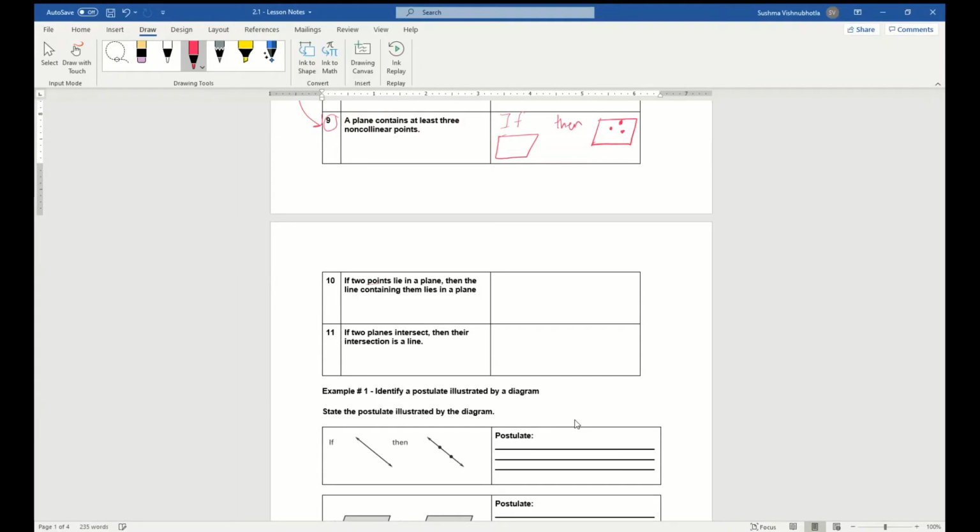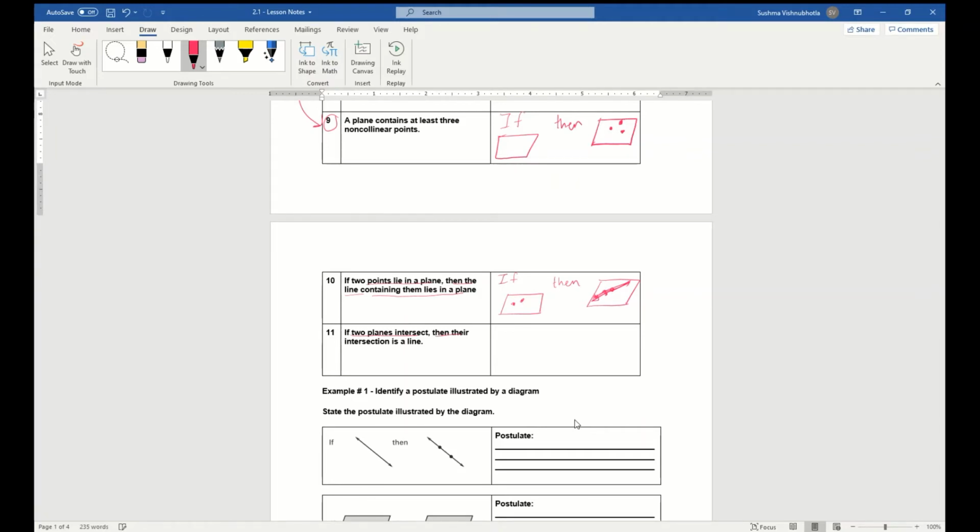Postulate 10: if 2 points lie in a plane, then the line containing them also lies in the plane. So if I have 2 points that lie in a plane, then the line containing them also is part of the plane, right?